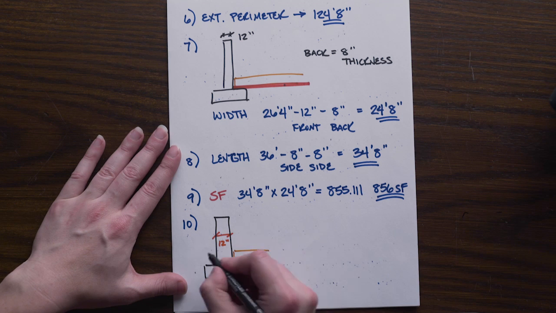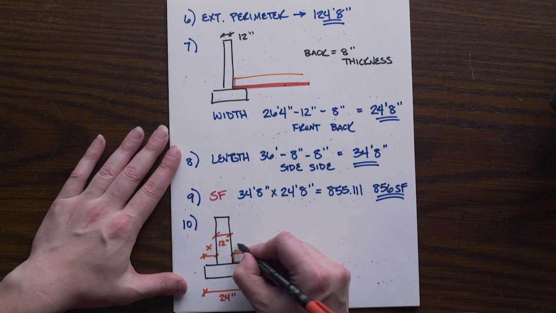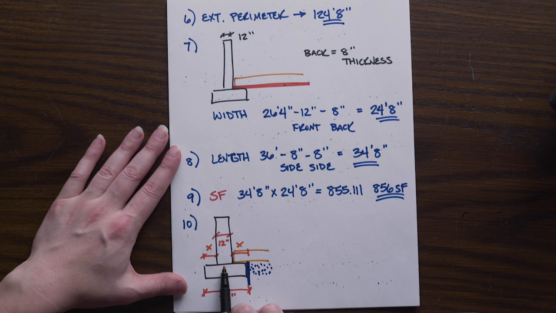We can figure out that we have a dimension on each side of our foundation wall, and that is going to be the same dimension because our foundation wall needs to sit on the center of our footer. Otherwise, we can have an unequal distribution of the load and it could cause our footer to fail. So they need to be the same dimension.